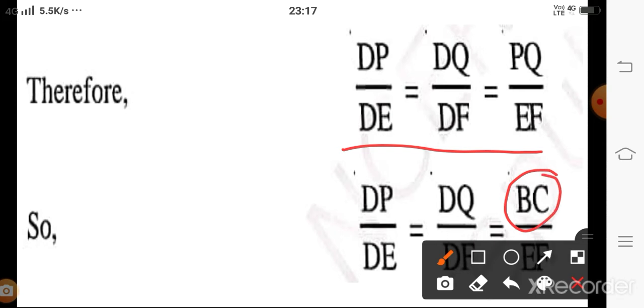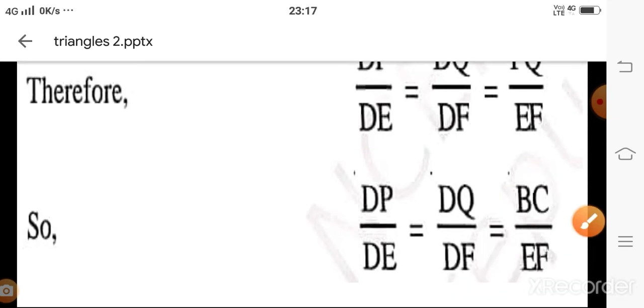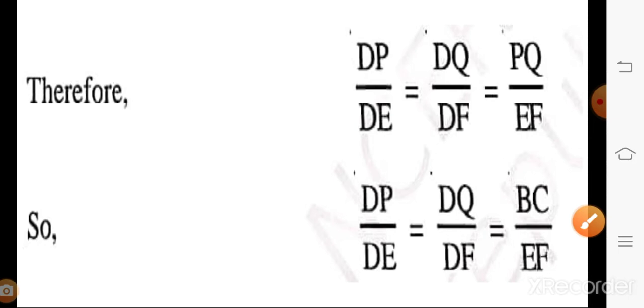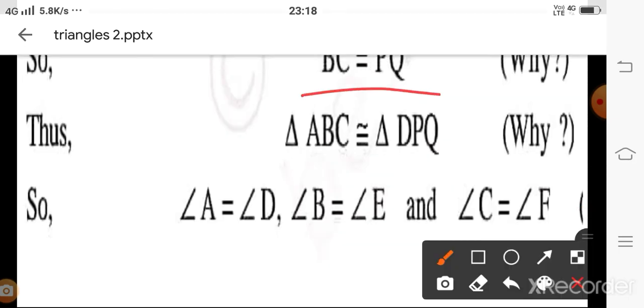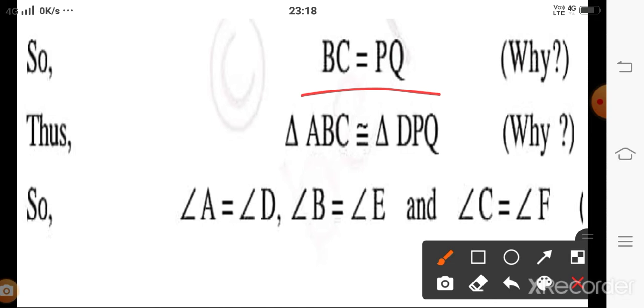Then in the next step, in place of PQ we write BC. It means that BC is equal to PQ, therefore the two triangles are congruent, and if the triangles are congruent, all the angles are equal.